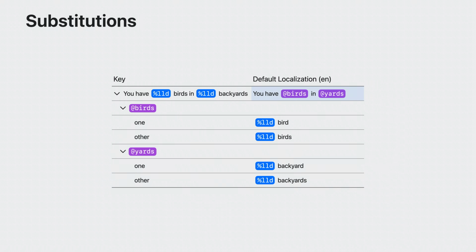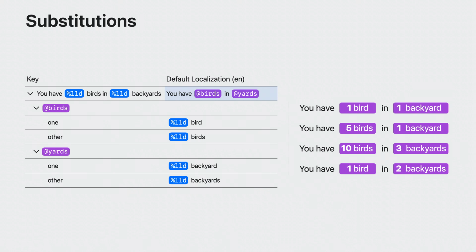At runtime, the top-level string shown here will be used, substituting in the appropriate plural case from each referenced substitution. So in this example, any of these strings could be produced, effectively creating a permutation of possible plural cases for each substitution.